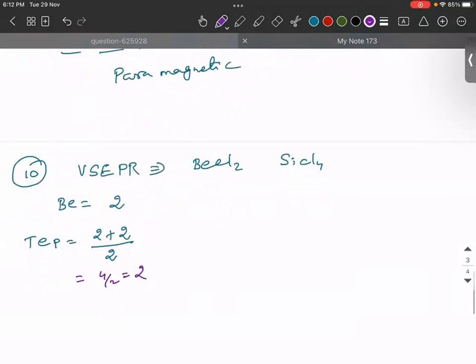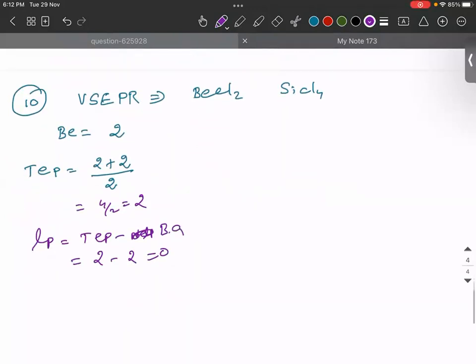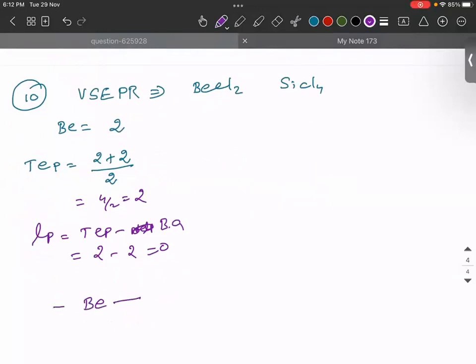Then lone pair is equal to total electron pair minus number of bonded atoms. So 2 minus 2, then 0. So you have only 2 bond pairs. When the beryllium atom is there, it will form 180 degree. So linear with 180 degree.